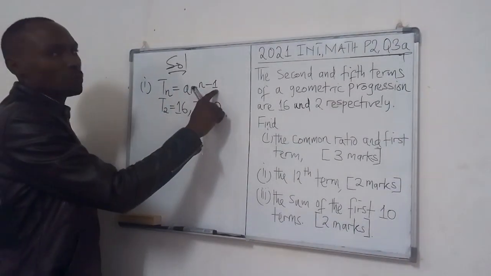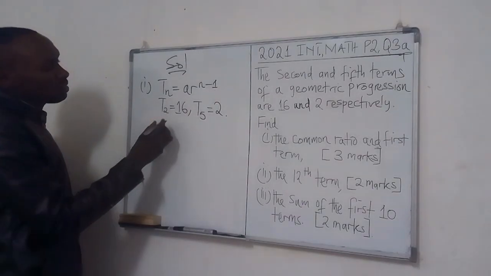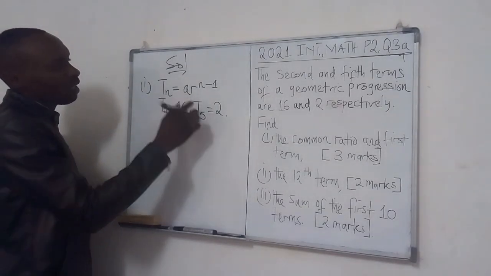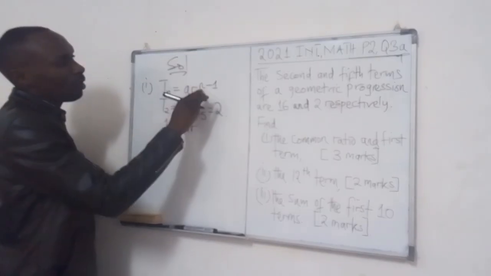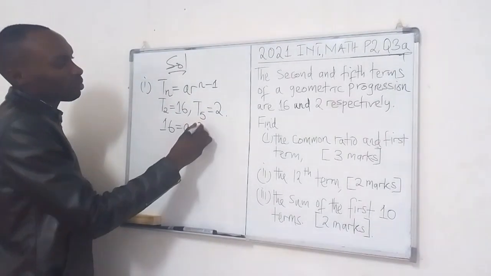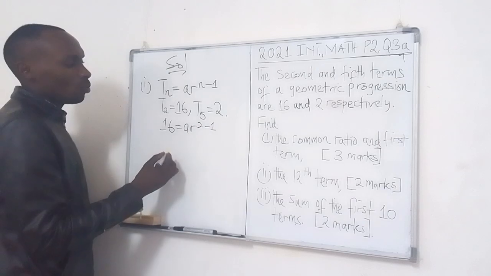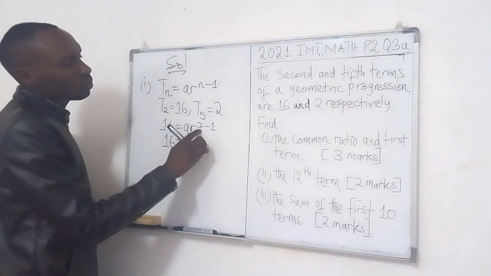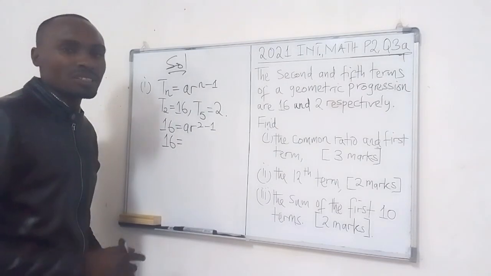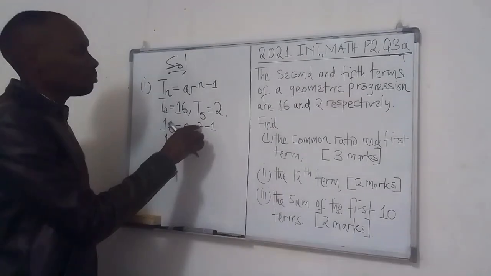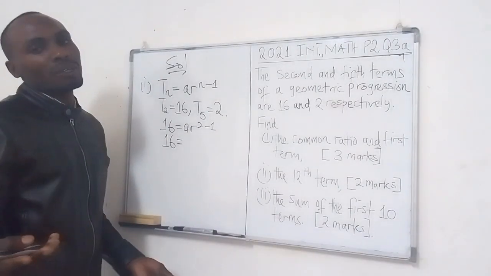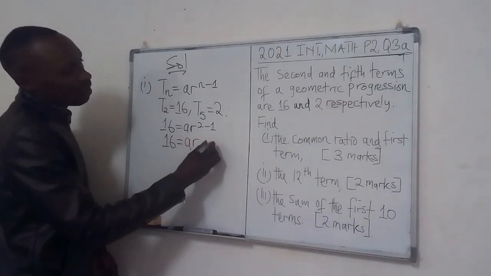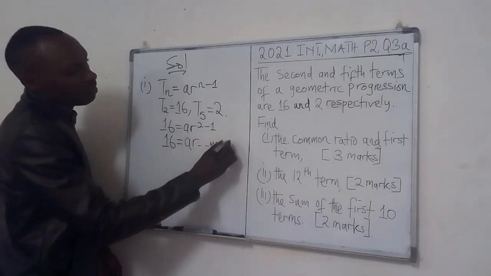So for the first equation, we have 16 equal to a r to the power 2 minus 1, and 2 minus 1 is just 1. And r to the power 1 is the same as r. So here we have 16 equal to ar, and this is our equation 1.